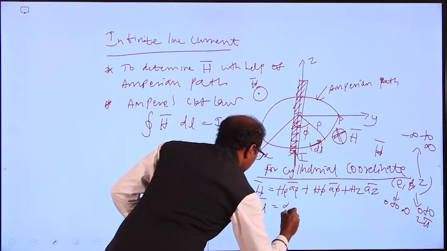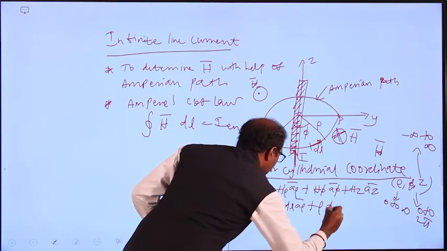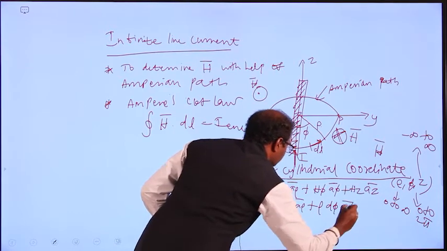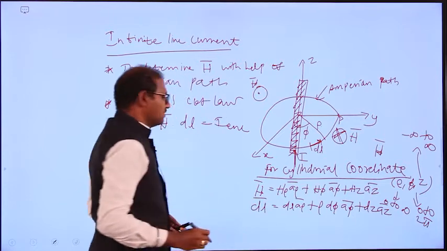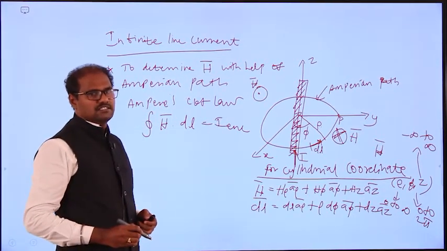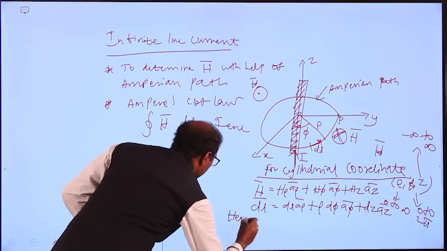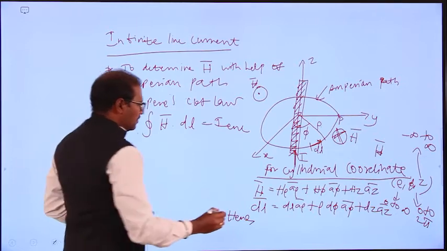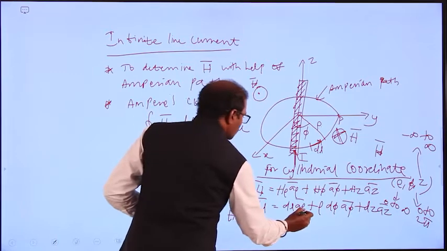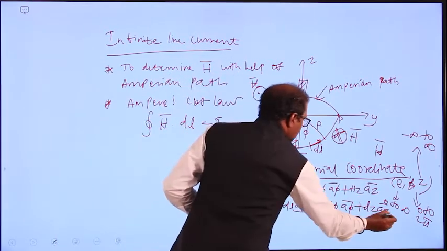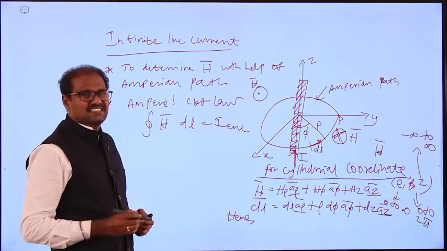So we can write dl as d rho a rho vector, rho d phi a phi vector, dz az vector. These are the dl vectors. Here what happened now?